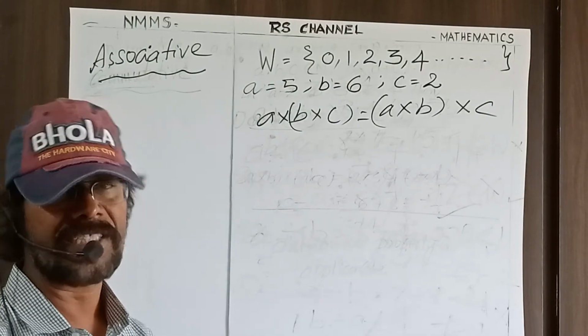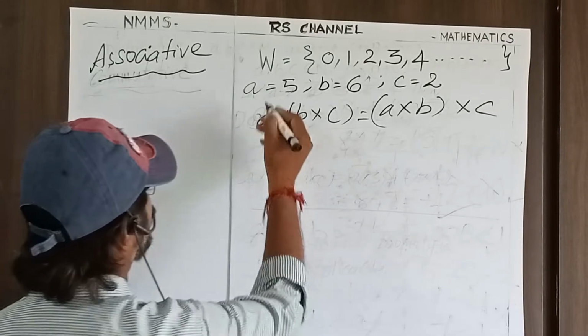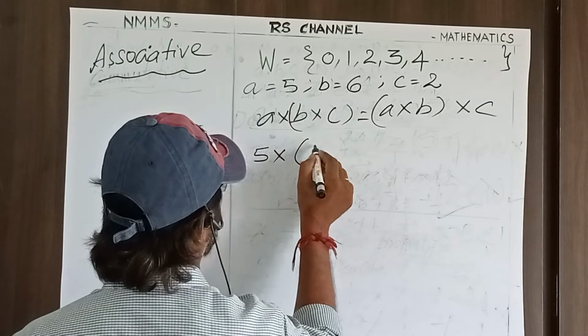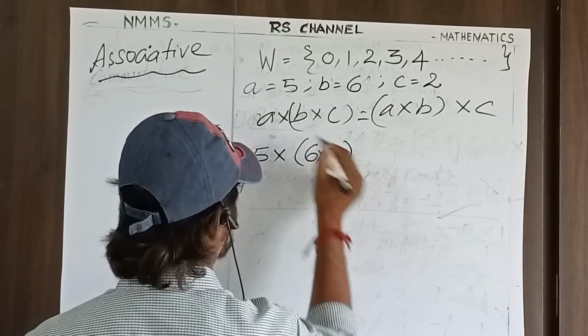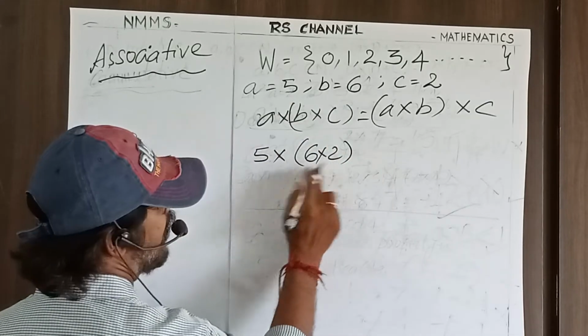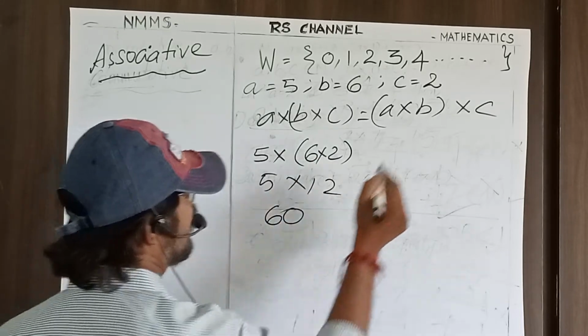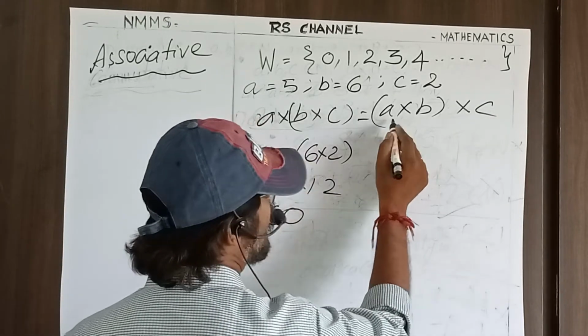Otherwise, it is not satisfied. So 5 into 6 into 2. 6 into 2 is 12, 12 into 5 is 60.